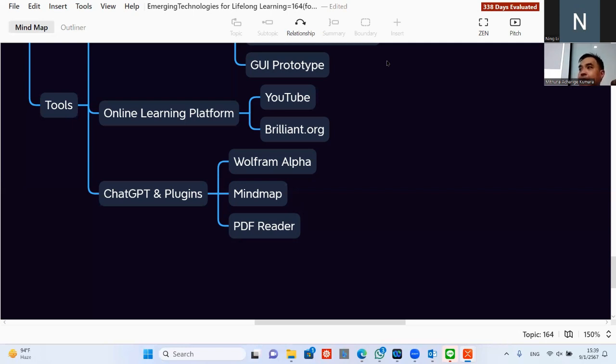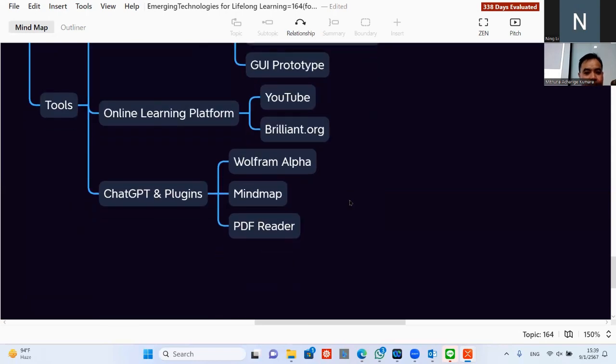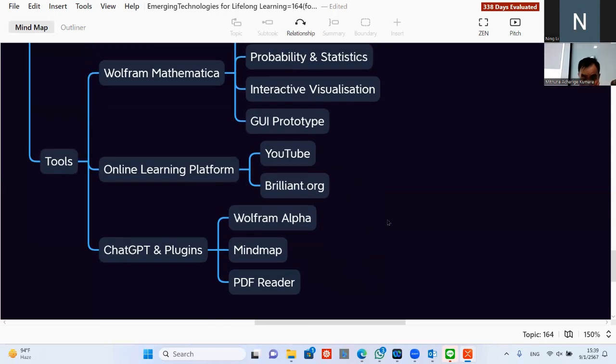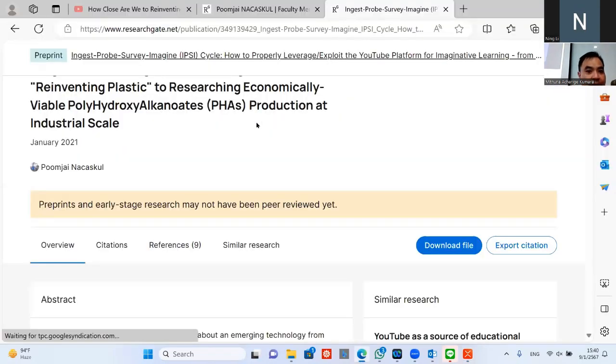Same with brilliant.org. If you can, your project is going to be even more interesting. But even relying on just Mathematica, which has Wolfram Alpha inside already, you don't have to pay.